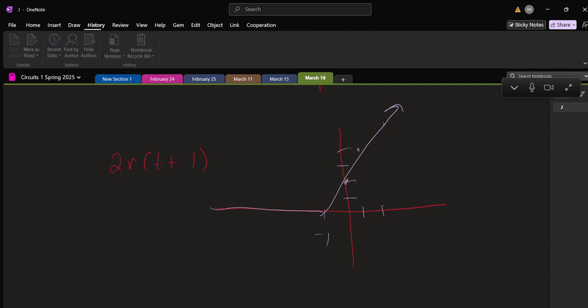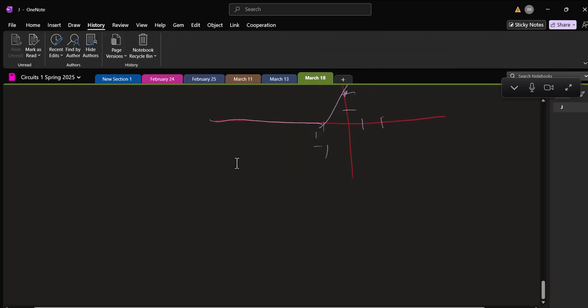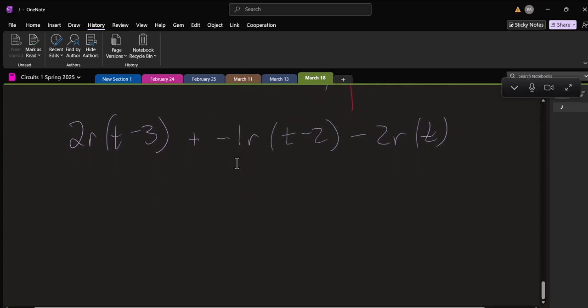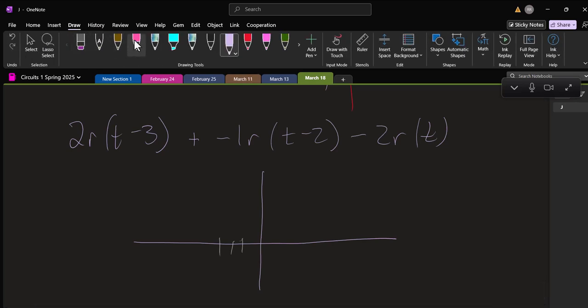But if I had 2r t minus 3 plus -1r t minus 2 minus 2r of t, what that one would look like would be, it's 0 until I get to, oh, I put these backwards.